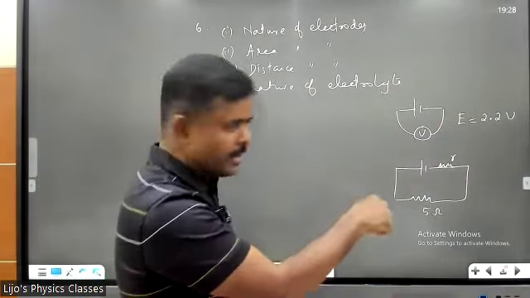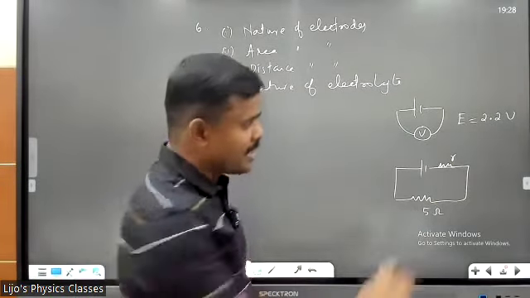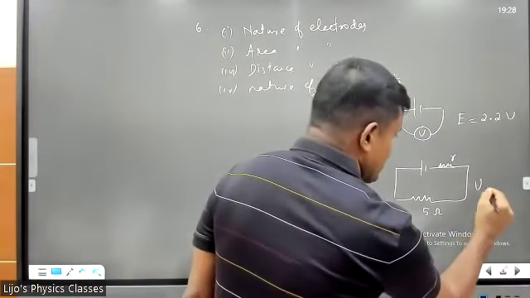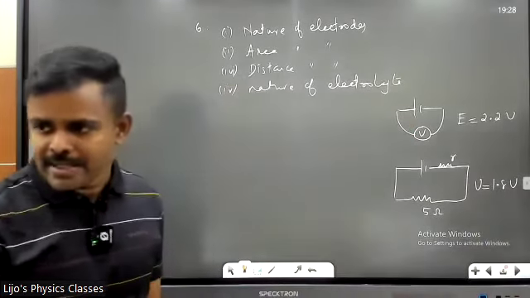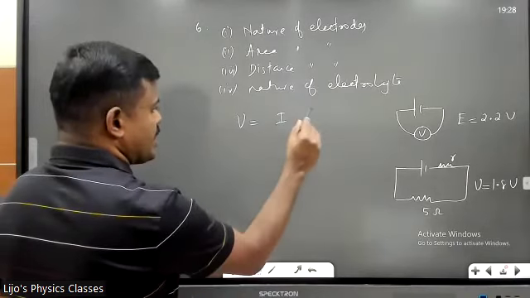What is closed circuit? You connect an external resistance to it. Automatically an internal resistance is also there, right? What is the terminal potential difference now? They say it is 1.8 volts. And what is the relation we learned yesterday?